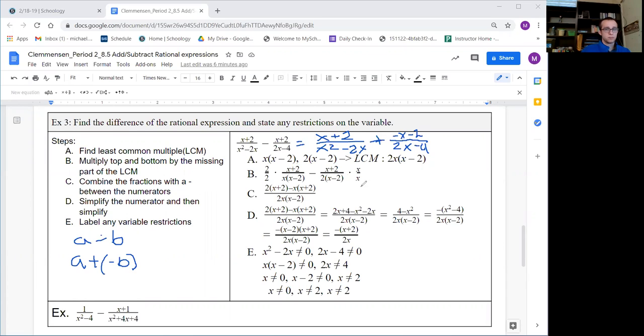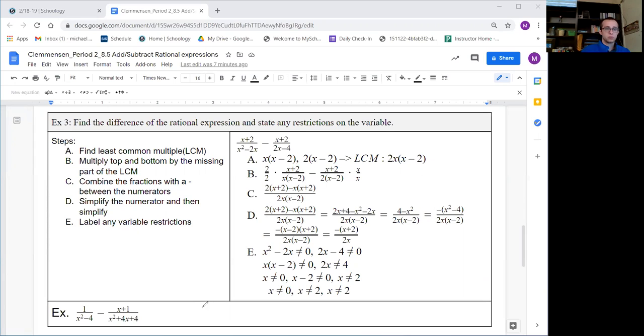Completely the same. I went through all this problem. I'm not going to go through this one really because it's the same process that we already went through up above. The only difference is that I subtract it instead of add it.